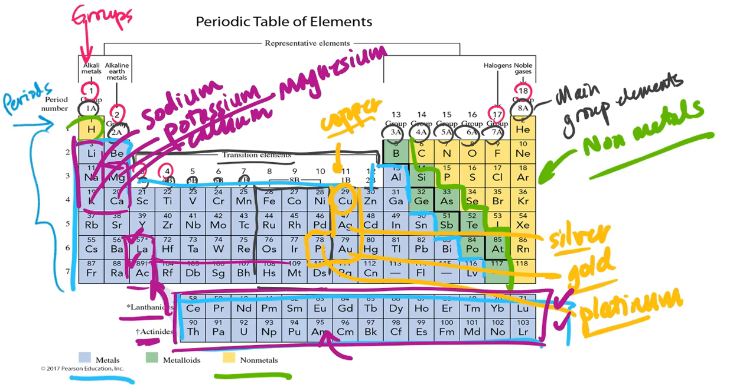So the other thing to keep in mind is some of these groups tend to have specific names. For example, any element from group 1 is referred to as an alkali metal. From group 2, those elements are referred to as alkaline earth metals.